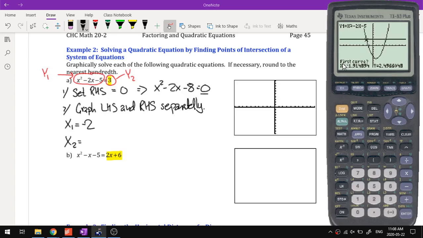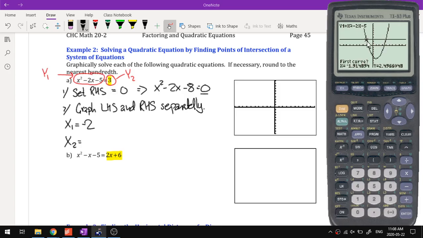When it asks for the first curve, not only is the cursor blinking on y1, it also needs to be as close as possible to the intersection point we're looking for. Right now it's close to this one, so if I repeat the process, it'll find this intersection point again, which we already have. We're looking for the second one on the right-hand side.